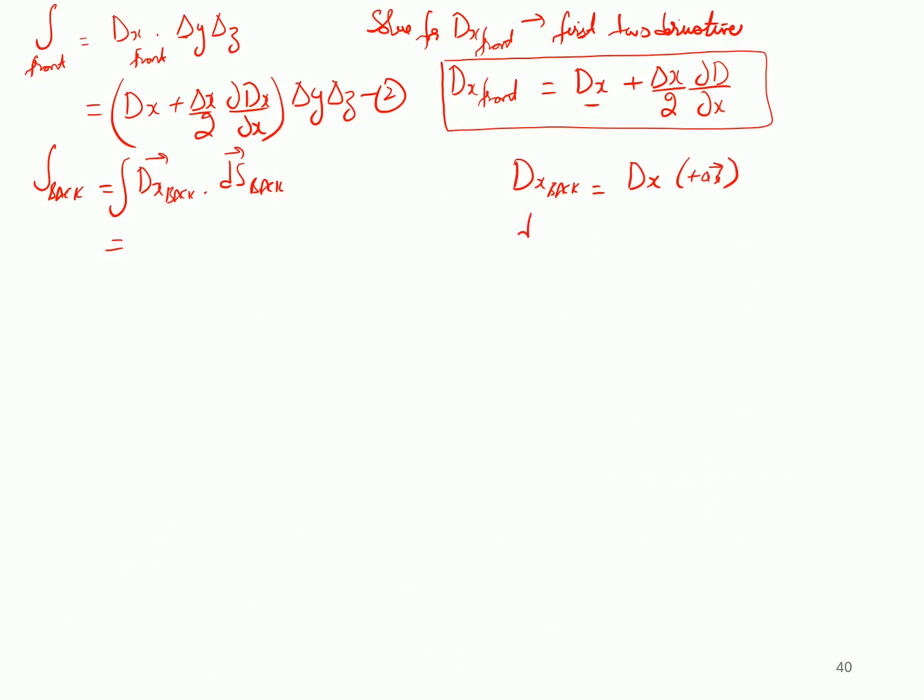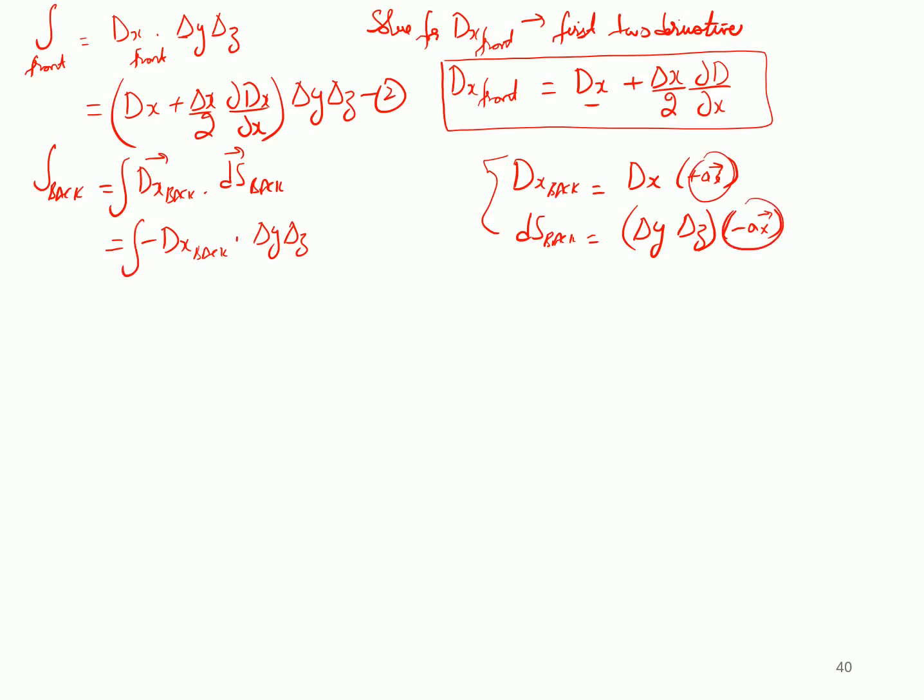And again, the dS back is going to be the face that will be on the back of the cube, that will be delta y delta z, but this time the unit vector will be negative a of x. So now I have this value, so I can write it over here as minus dx back, and this will be delta y delta z, and since this is ax and ax, it will become 1.